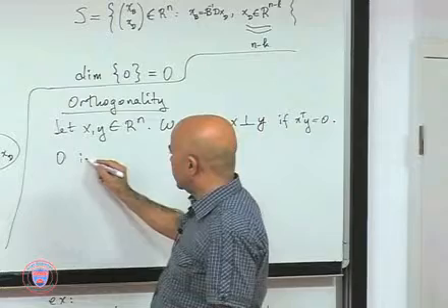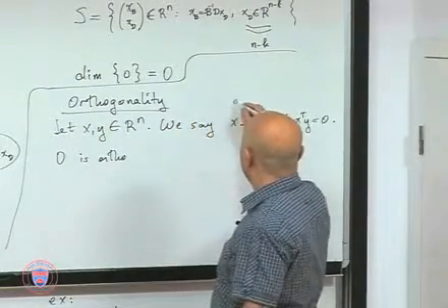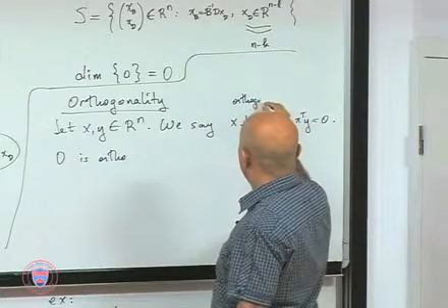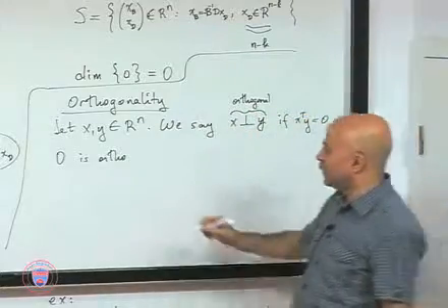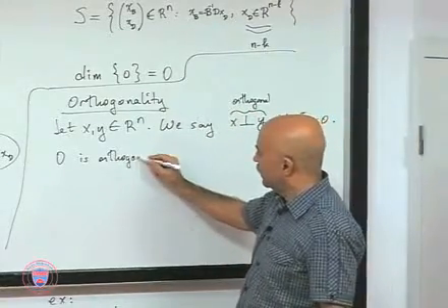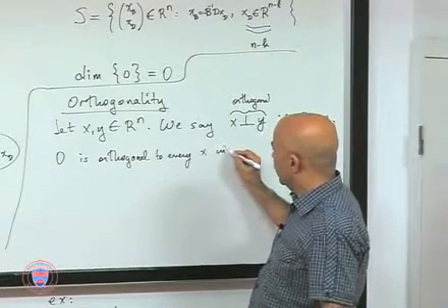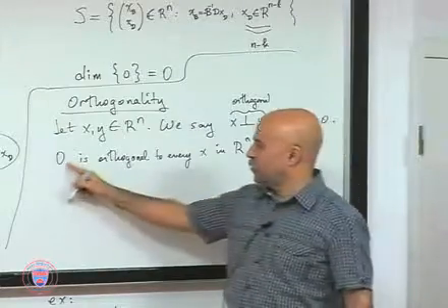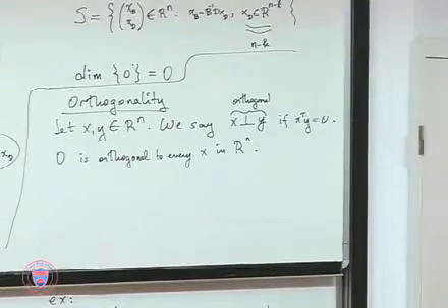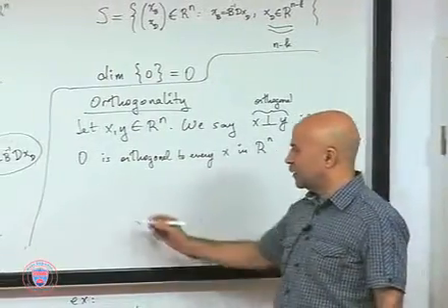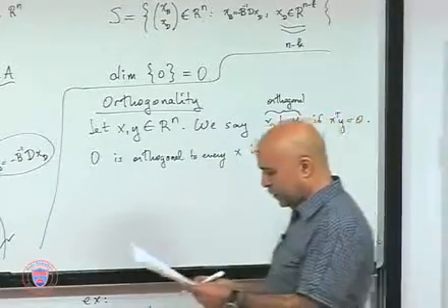And the origin is orthogonal to every x in Rn. Of course, we're talking about the origin here as a vector of zeros, because the dot product of 0, or the origin, with any other x is 0.